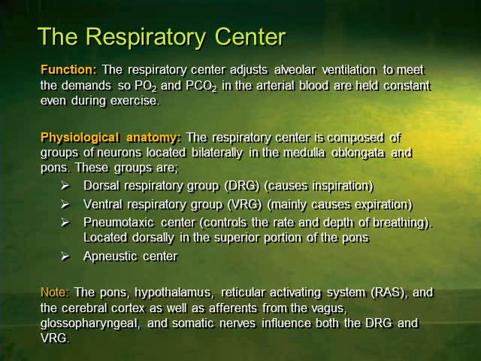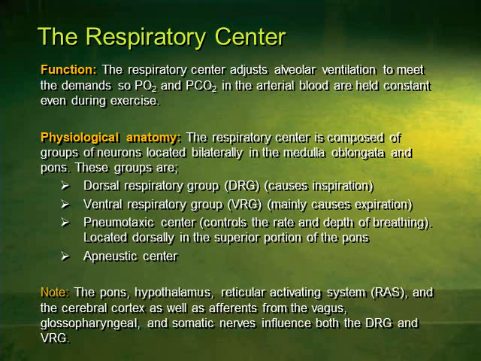This group is responsible for the initiation of inspiration. The ventral respiratory group. This group causes mainly expiration. The pneumotaxic center. This center controls the rate and depth of breathing.